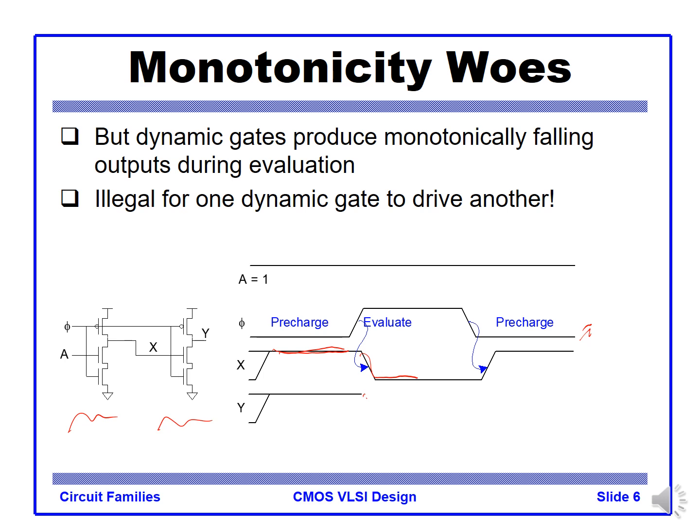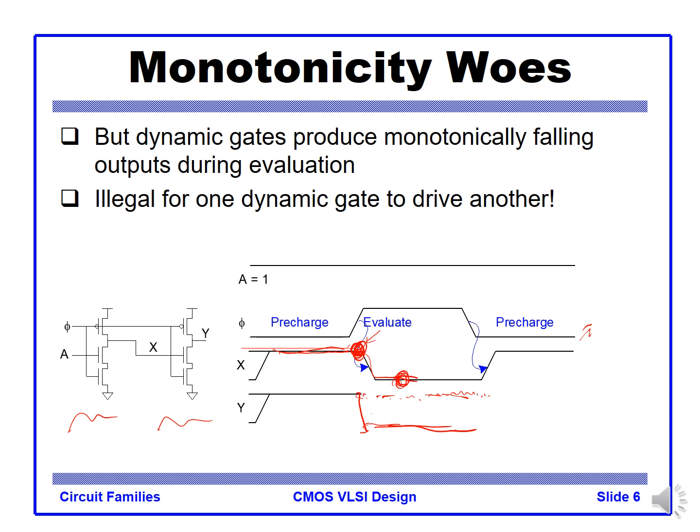What about the Y there? Because momentarily it was high, the Y also goes down, right? During this time, because the input stayed high momentarily, so you cannot go. But what we want is to evaluate for this low input, so we want that Y to stay high, but actually it goes down.